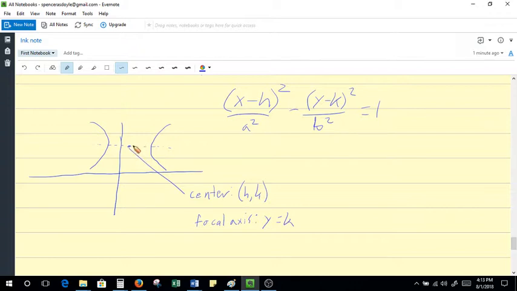And then our vertex is going to be a away, so that is exactly the same as we're used to. So these would be our vertices. And that's going to be h plus or minus a, k, because we have to move both directions from the center.